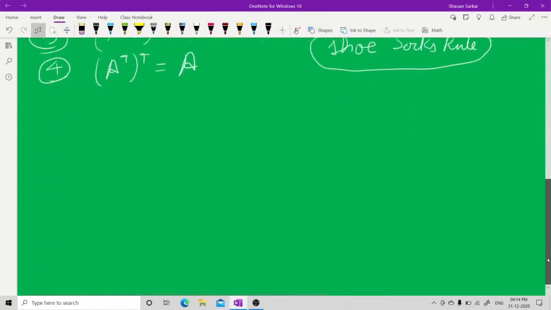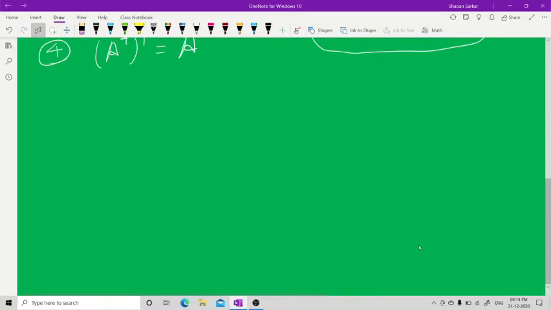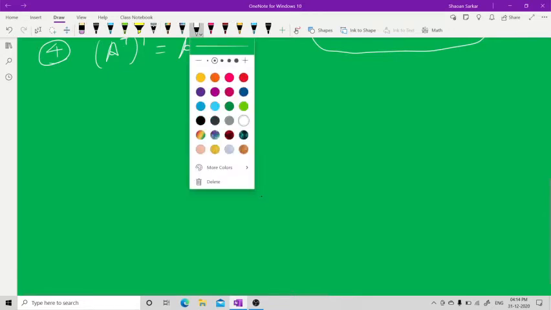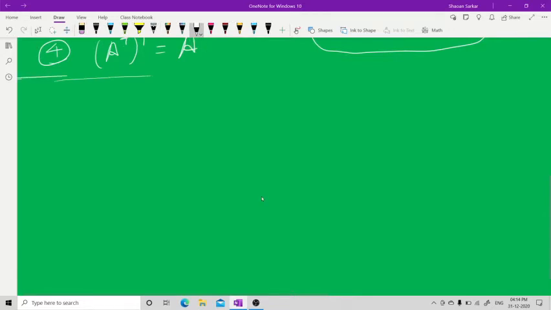Now this is symmetric matrix. Let me drag it a little further down so that we get more page. Now let me draw a line. Now in symmetric matrix, let us understand.